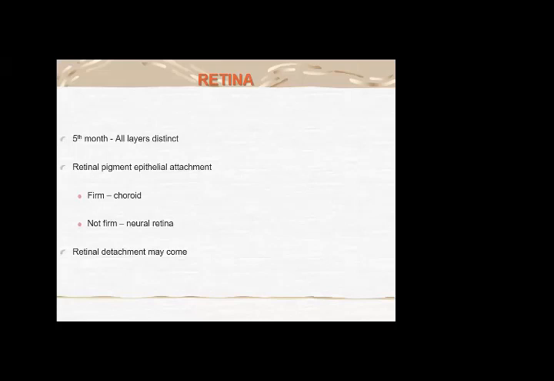So as a result, this attachment may break in cases of trauma or in disease. Since it is not firm, it may simply break down because of trauma, and the result is what is called retinal detachment. We will do this in detail shortly.